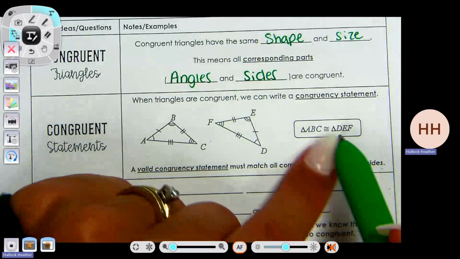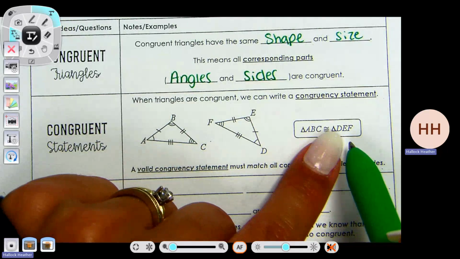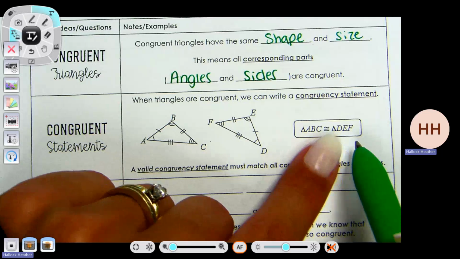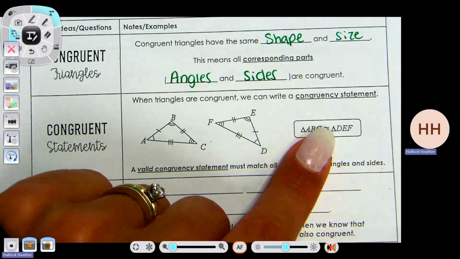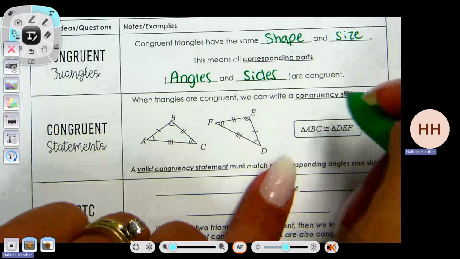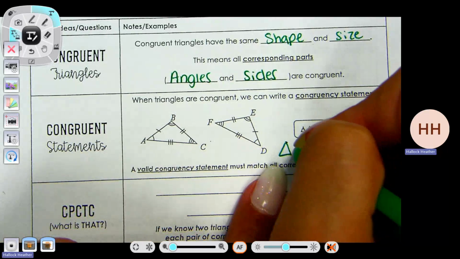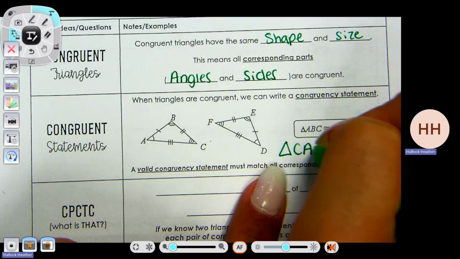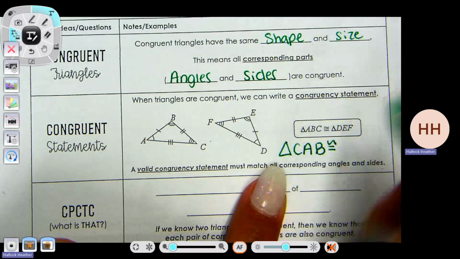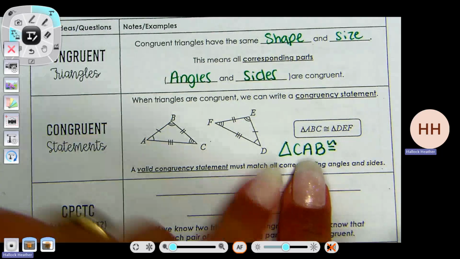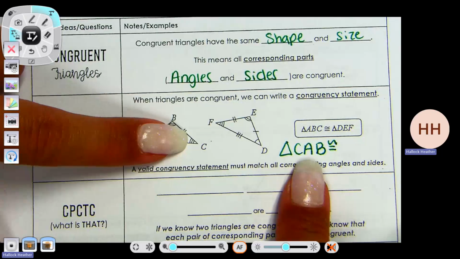Okay. Now, the congruency statement is a random order of letters. Based on how you write them, it has to match the second one. So if I say, instead of ABC, if I say triangle CAB, just because I decided to change it. C, if you notice, has 3 arc marks. So what does C match with on the other triangle?